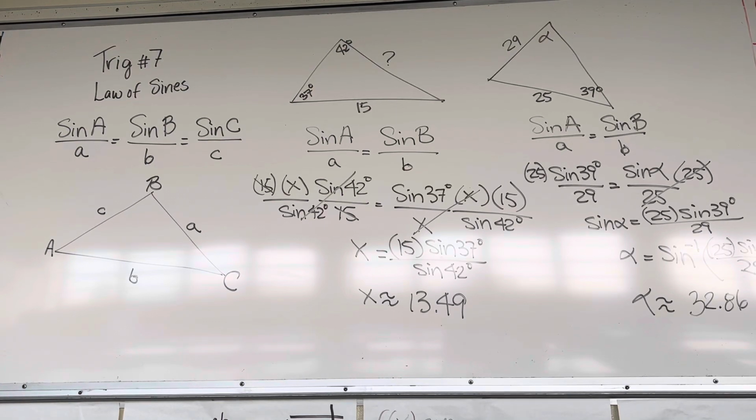Clear that out. Say inverse sine. Sine is -1 here. Now say 25 times sine 39. Parentheses divided by 29.